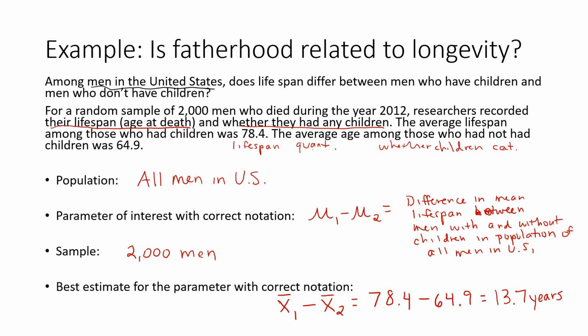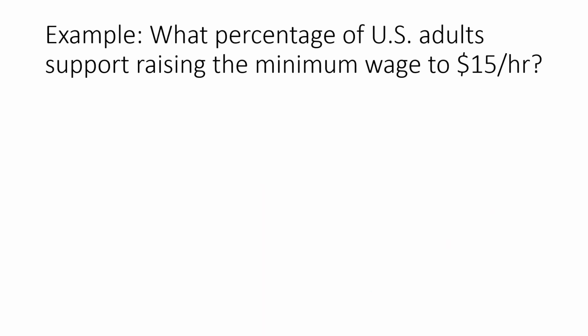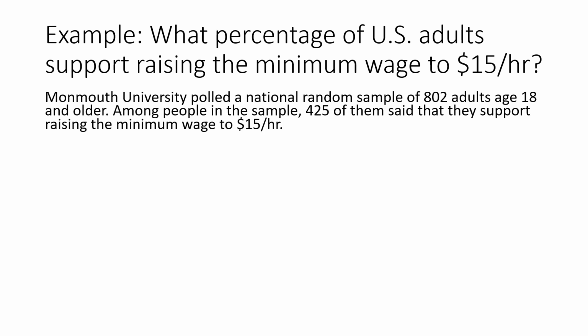We'll do one more example. What percentage of U.S. adults support raising the minimum wage to $15 per hour? Monmouth University polled a national random sample of 802 adults aged 18 and older. Among people in the sample, 425 of them said that they support raising the minimum wage to $15 an hour.